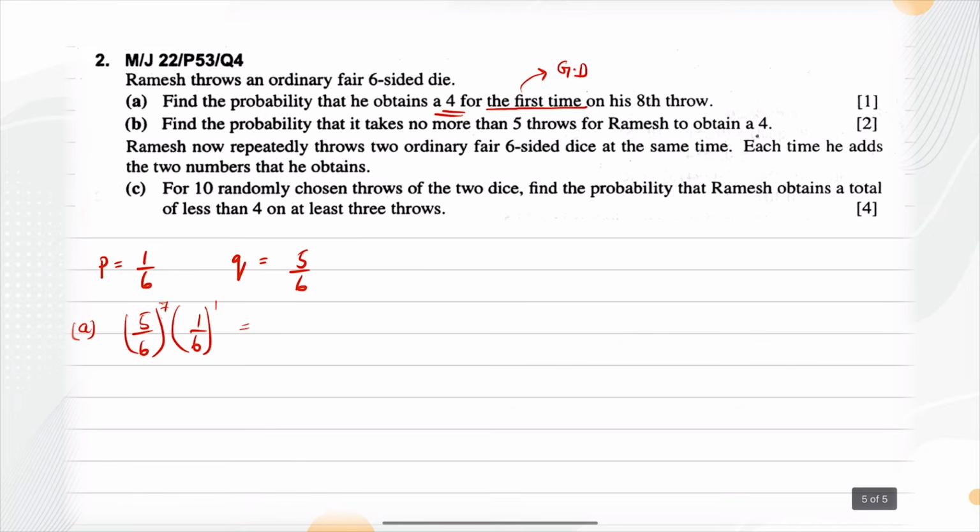All right. So let's work this out. So 5 upon 6 to the power of 7 into 1 divided by 6. So we have 0.0465. There you go. That's your answer.